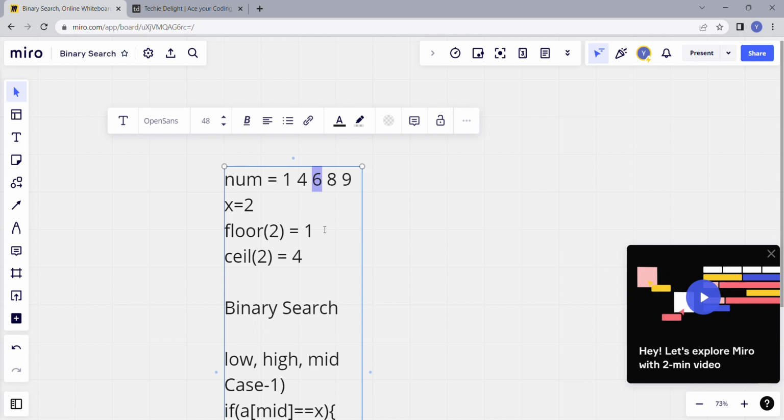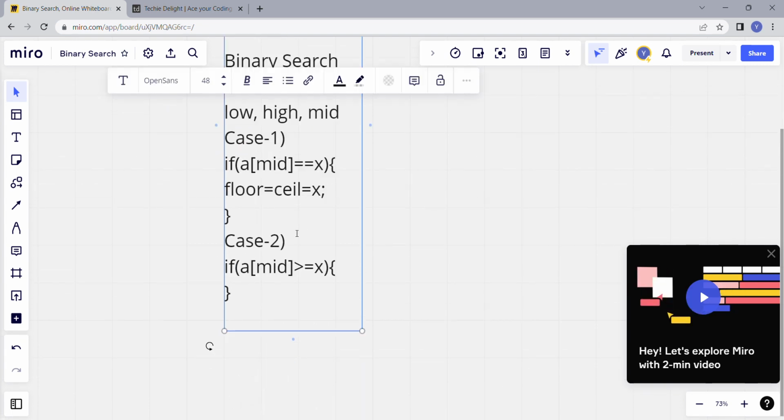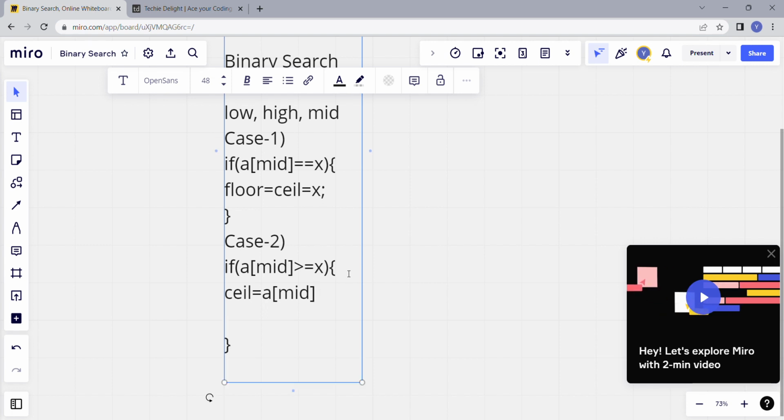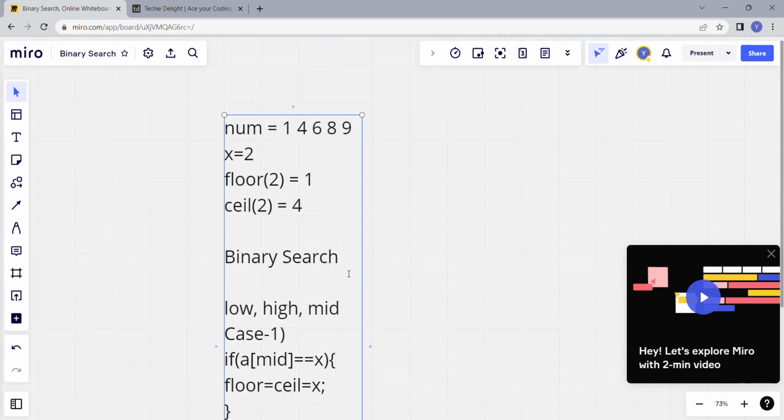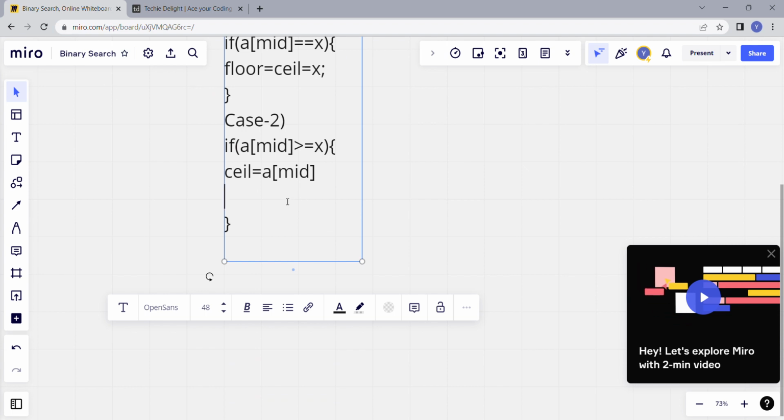So we need to move to the left-hand side. First of all, we will assign ceil as mid. Maybe it is the immediate next highest element for 2, but if it is not, then we move to 4. Hence we will assign high to mid minus 1. I hope you got this point.